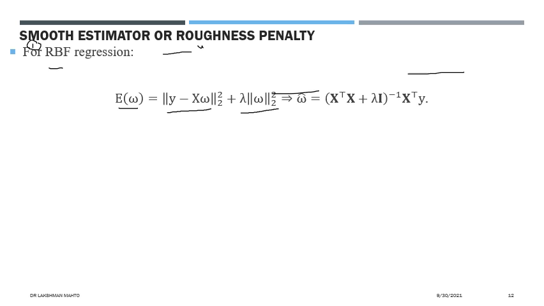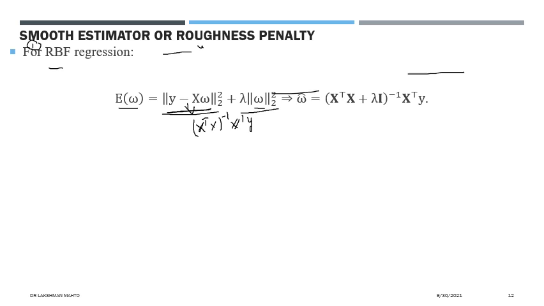If you proceed with only the error term, the square of y minus x times omega, then the solution is what we call the least square solution, x transpose x inverse times x transpose y. That was the solution if you are dealing with only this. But here, due to this linear model, the penalty term, the square of the norm of omega, is coming.